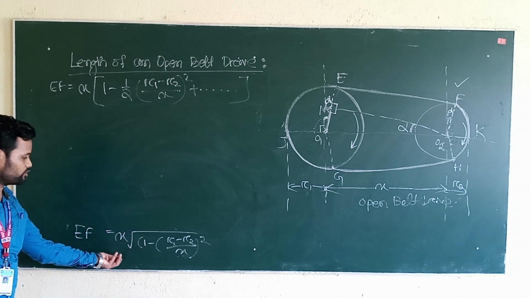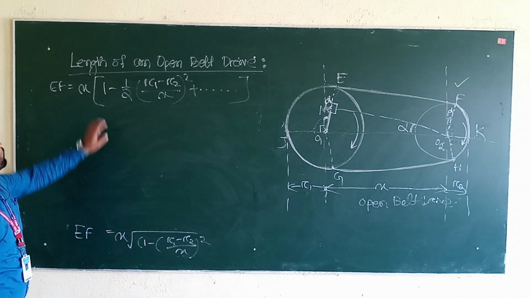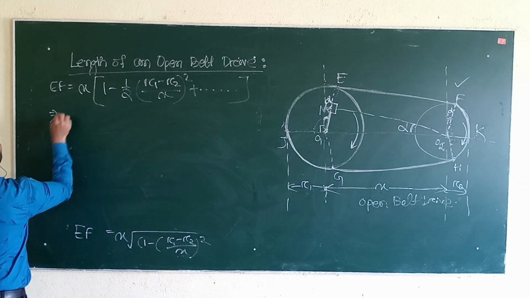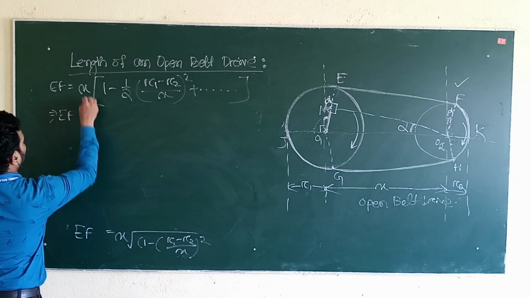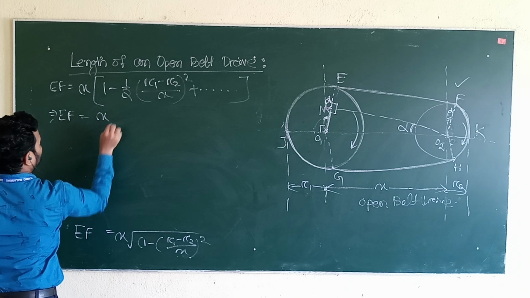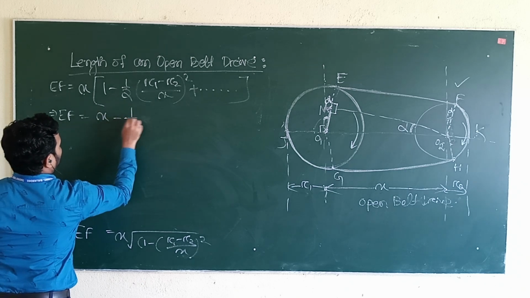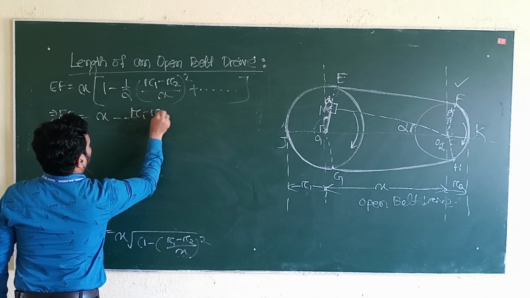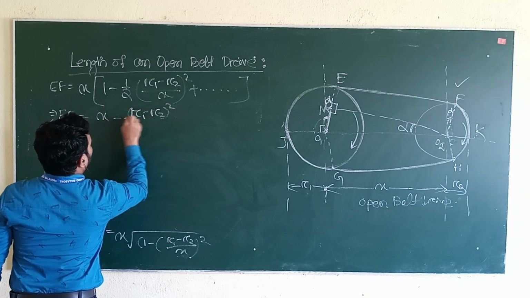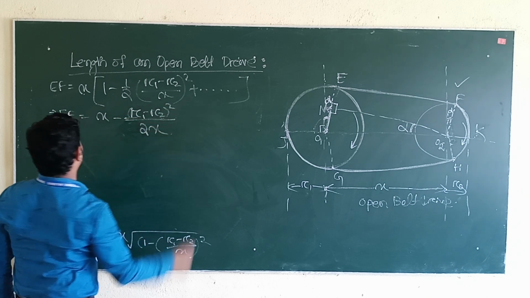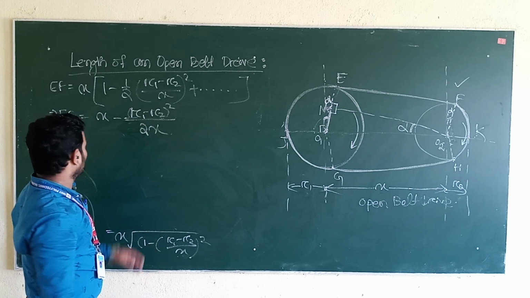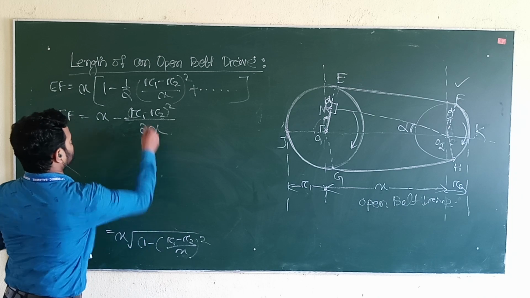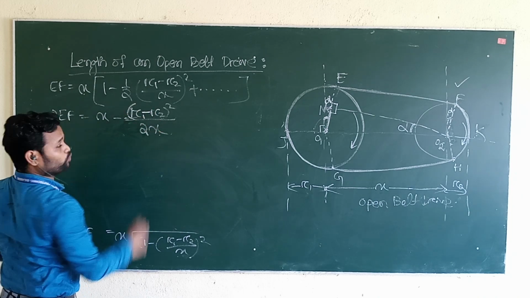After that, multiplying by X, we can write EF equal to X minus R1 minus R2 square divided by 2X.